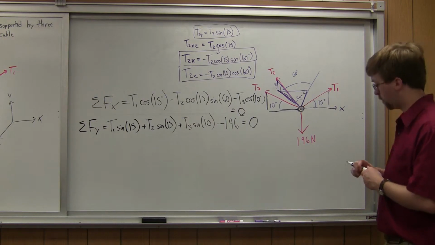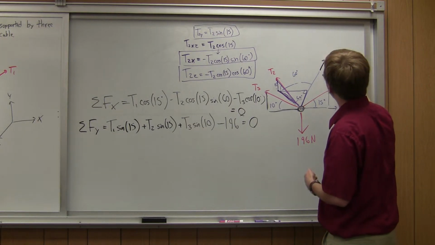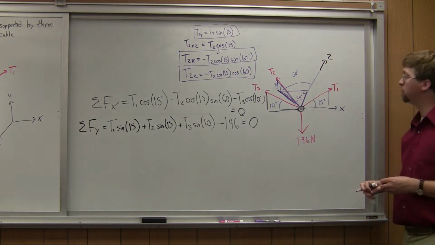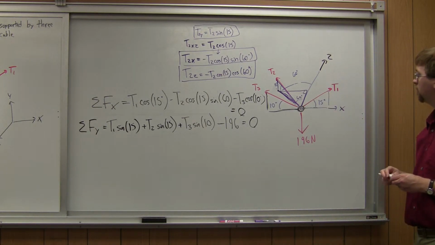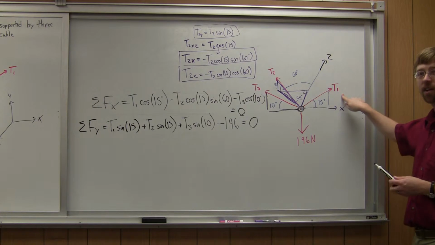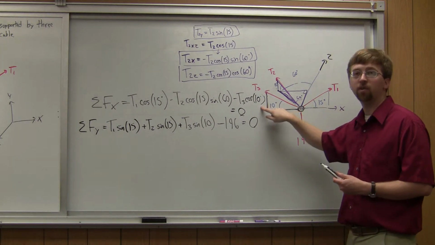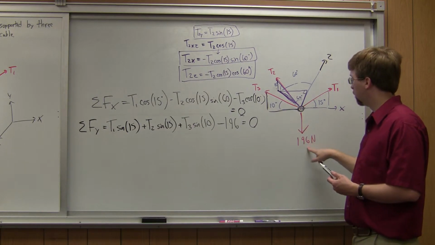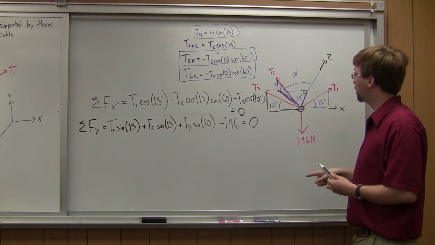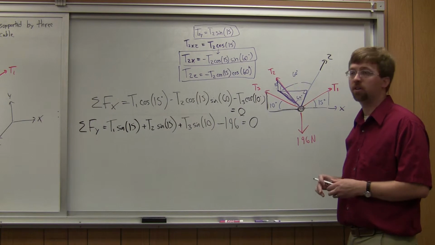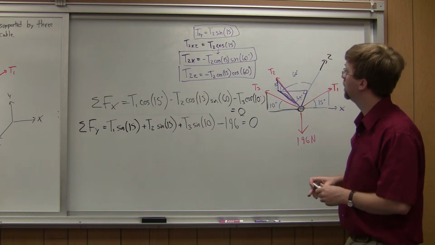Finally, I need sum of forces in the z. And again, the z direction is going back into the board like so. So in that, T1 has no component in the z direction. T3 has no component in the z direction. The weight force has no component in the z direction. The only thing that has a component in the z direction is this T2.